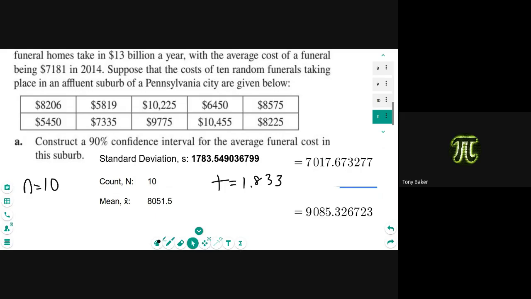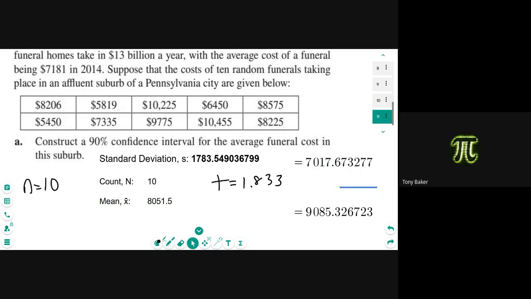And here's the reason why I like this problem. This is actually going to lead us into what we're going to be doing next week anyway. What is my confidence interval telling me? It's saying I am 90% confident that my mean is somewhere between 7017 and 9085. It's not saying the mean is in that entire range.